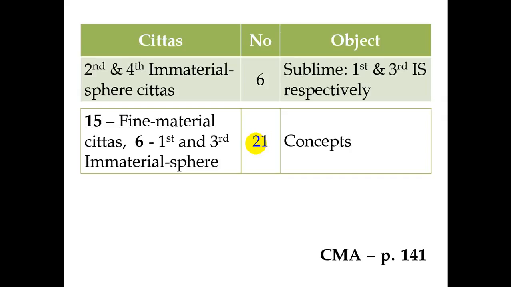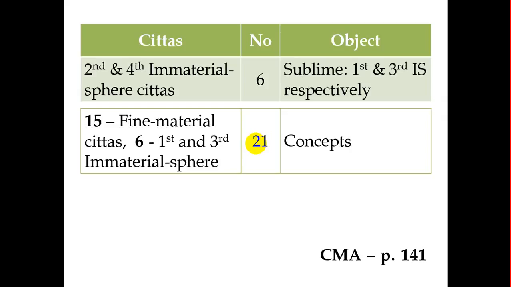Because that circuit is created by our mind, it doesn't really exist. Therefore, it is called concept. Only the moment you take the object of that concept, you attain jhana: the first, second, third, fourth, and fifth jhana. So therefore, all the 55 material jhana Cittas take the object of concept, right?